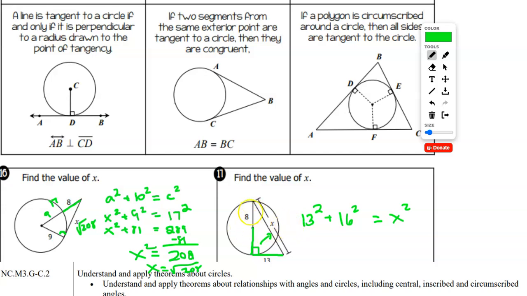This 8 being centralized up here would represent just that radius. So the bottom radius must be 8 as well for a total of 16. Square both of those, add them together, and get rid of the square by square rooting whatever they come up to. I squared them both. That was 169, 256. Add them together is 425. And again, I got rid of the square by square rooting.